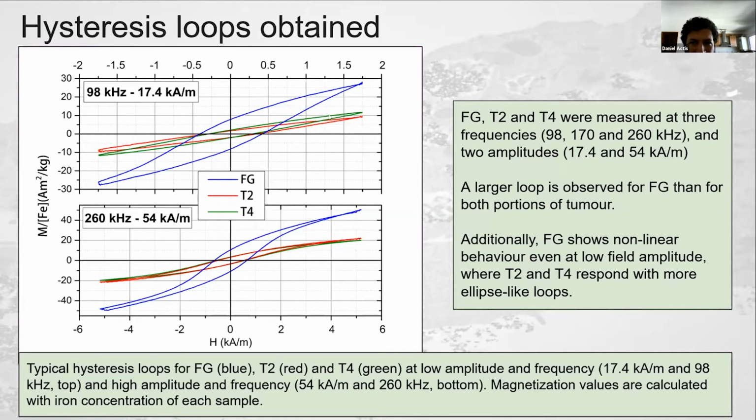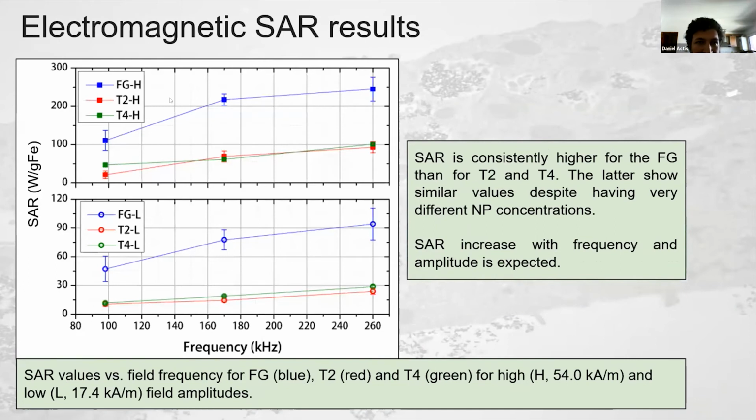In regards to the SAR obtained from these loops, it's consistently higher for the ferrogel than for both portions of tumor, and it increases with field amplitude and frequency, but that is well expected.